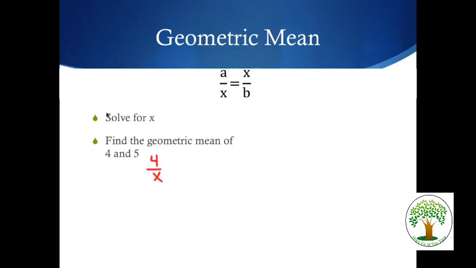This is the next page on your notes. It's 4 over X equals X over 5. Are you with me so far? I just put the two numbers in the place of A and B. And then I say X squared equals 20.